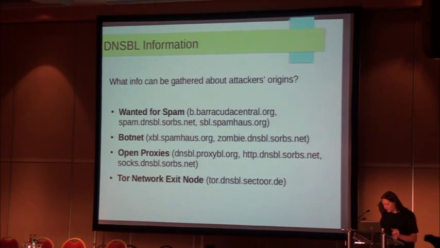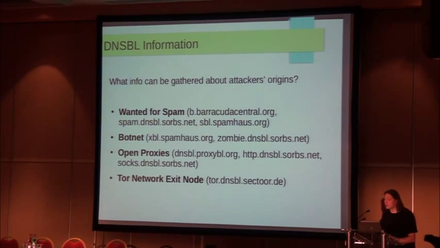Then what we also can do is just add some DNS blackhole list information. We do this by requesting several lists, like Barracuda Central or whatever. Several lists are made for several kinds of spam, so that we know the IP address has already probably been at least suspicious of spamming. That's not too interesting.